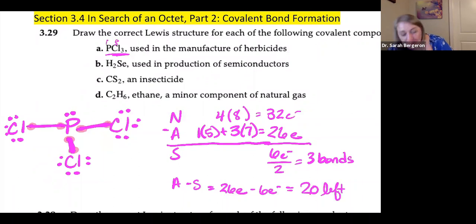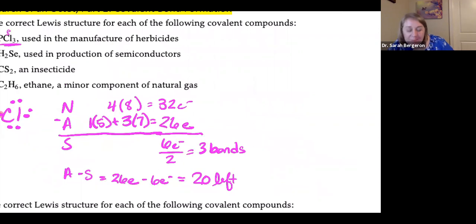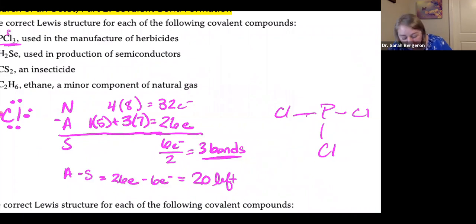So how am I going to use that to draw my structure? I know I have phosphorus, and I know I have 3 chlorine atoms, right? So I only can make 3 bonds, and I have 3 chlorines. So I'm going to do a bond to each of them. And then I know I have 20 left. So I'm going to place my electrons to complete my octets on my surrounding atoms.